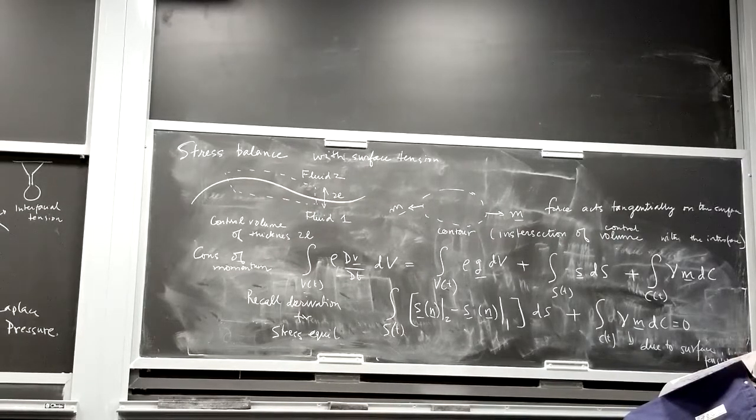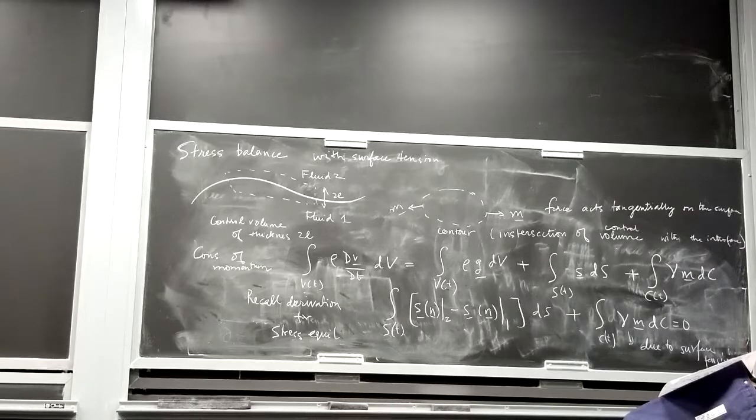Right, so there's an extra term that arises due to surface tension, and this contour integral can be converted into a surface integral. So again, even though the mathematics might look different, the strategy is always the same.